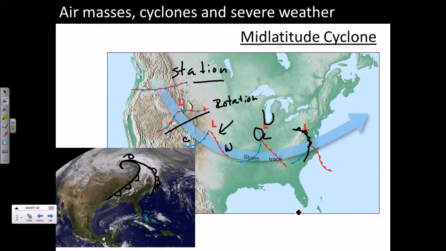And so you can see different areas where there are and are not clouds. Notice everywhere up here by the occluded front is cloud covered. So in the wintertime, this is a place where you're going to get lots of heavy snow, and it's going to hang around for a long time. More severe weather is coming in here where we've got the cold front, and then less severe but also precipitation with the warm front. And then you see areas like this back here where there's no cloud cover or very little cloud cover.